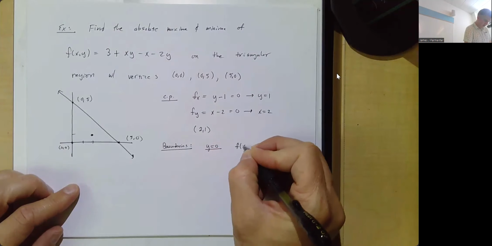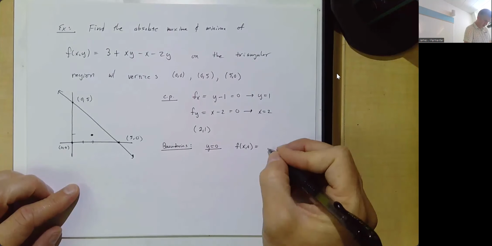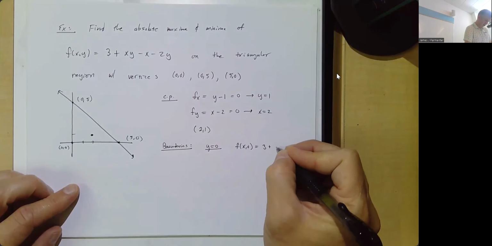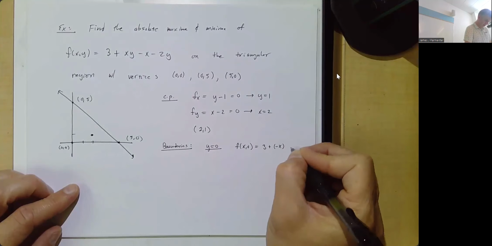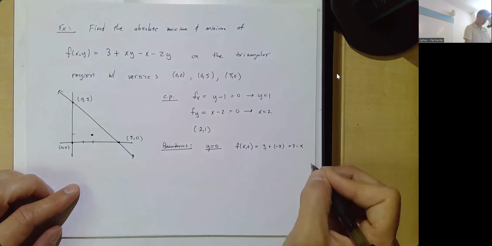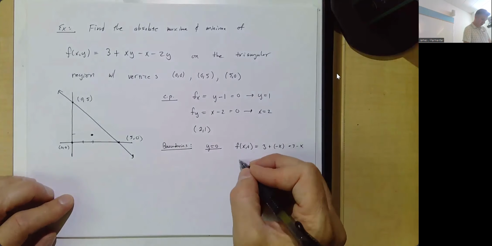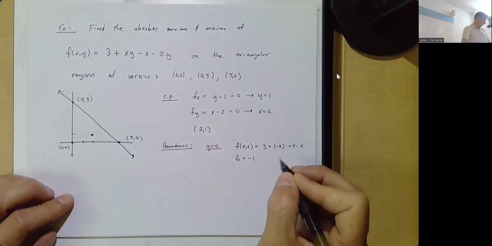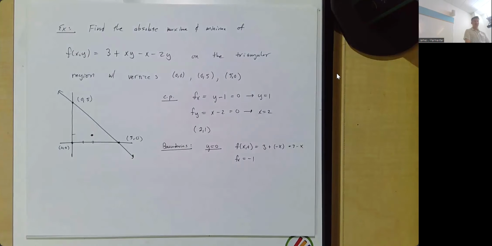So f of x comma 0 is going to be 3 plus 0 minus x minus 0. So it's equal to 3 minus x. If I take the derivative of that, I'm going to get negative 1, which means I don't have any critical points along that boundary. Or in other words, no, that's actually not a good way to say that, James. I take that back. Yeah.